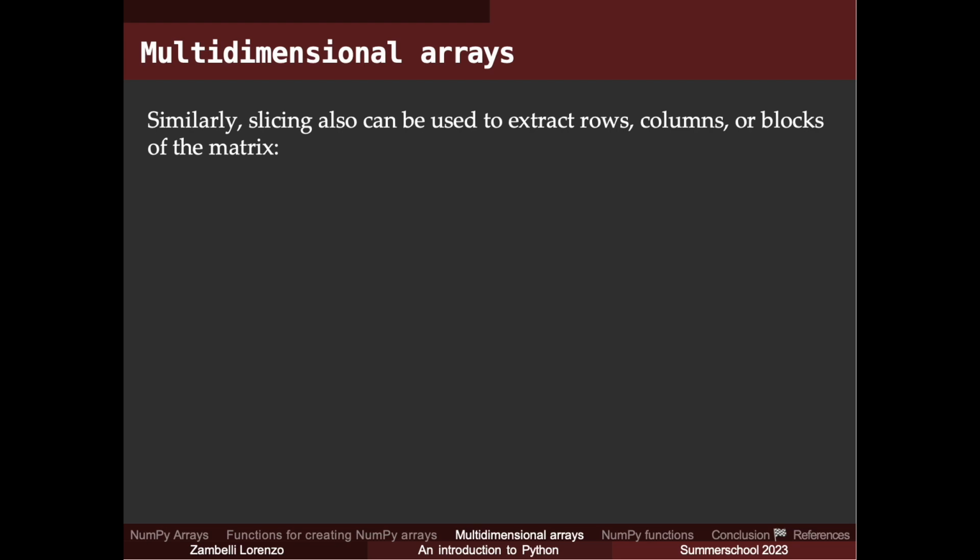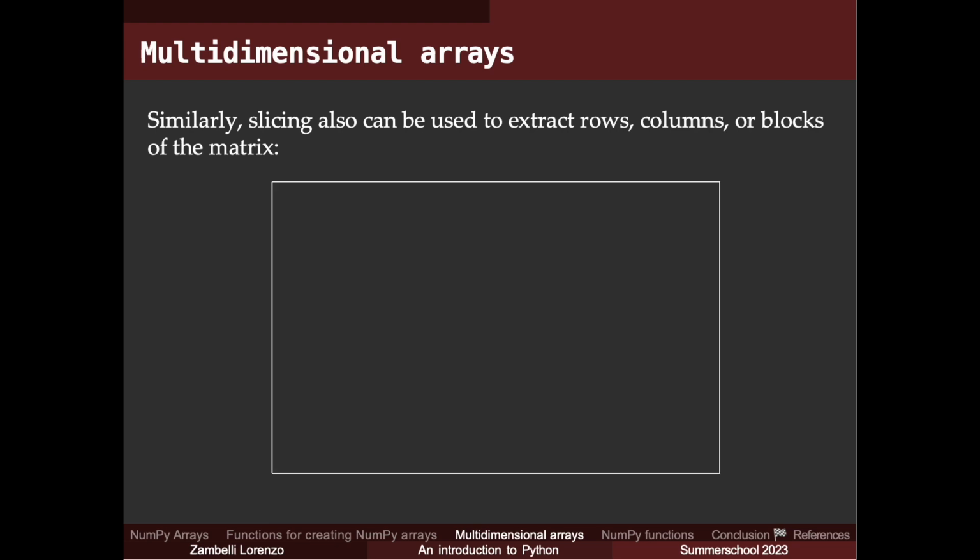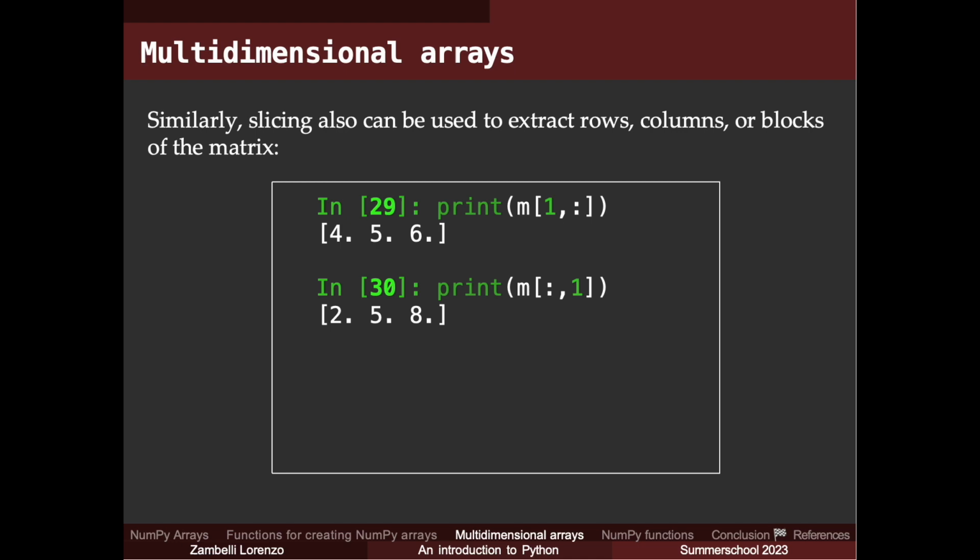As before, we can slice rows and columns in a matrix. For example, we are considering all the lines but only the second column, so we are printing the second column.